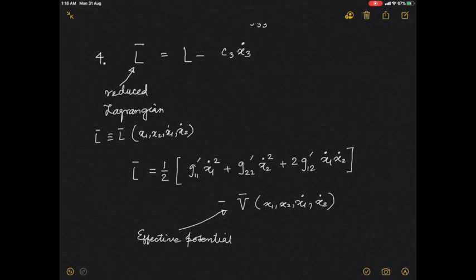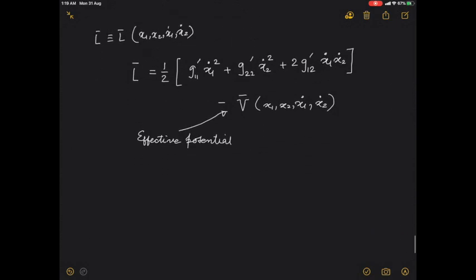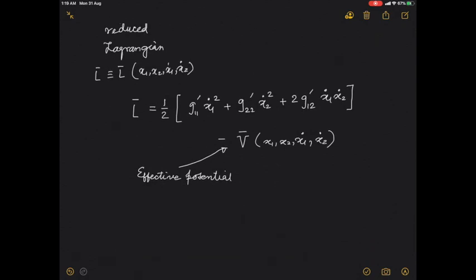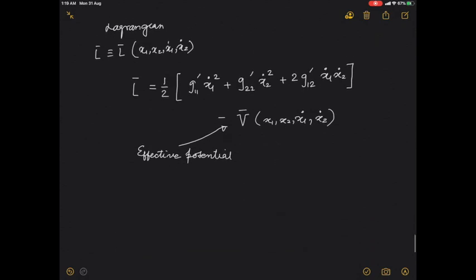I don't want to write this V bar explicitly for you because that is a little bit complicated expression, but you should work it out and see what you get.